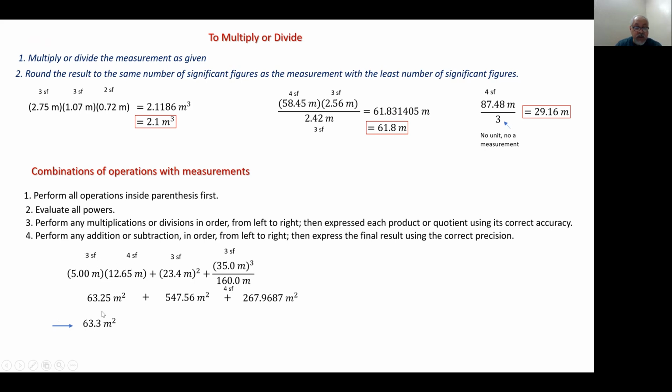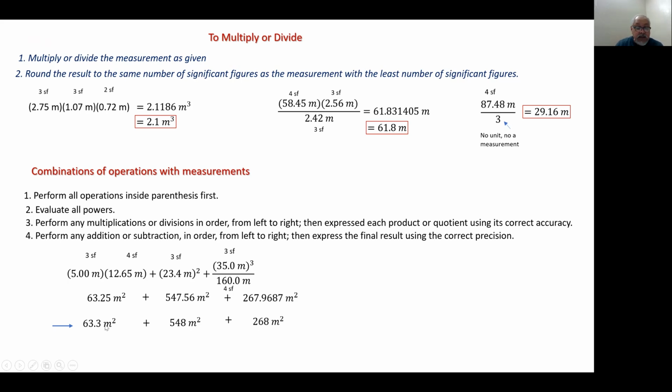In this case, it is 3. The next one, 3. Let's round it also to 3. Correct. So it's gonna be 448. Okay, and then this one also to 3. Let's round it to 3 significant figures.